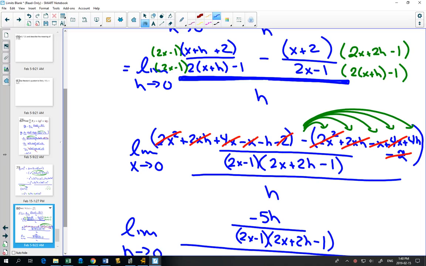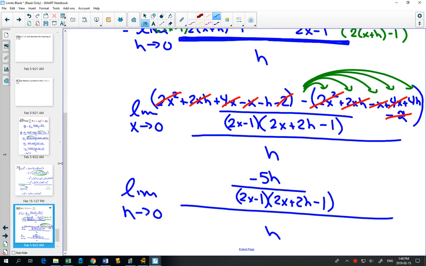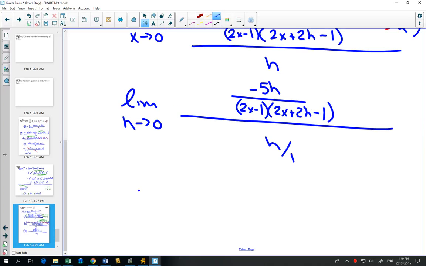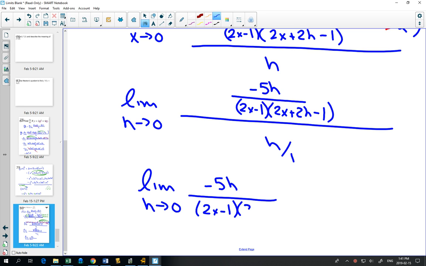Because if you have a fraction in your numerator divided by something, this h is like h over 1. What are our fraction rules for dividing a fraction by a fraction? Multiply by the reciprocal. So limit as h goes to 0, I have negative 5h over (2x minus 1)(2x plus 2h minus 1) multiplied by the reciprocal, 1 over h.